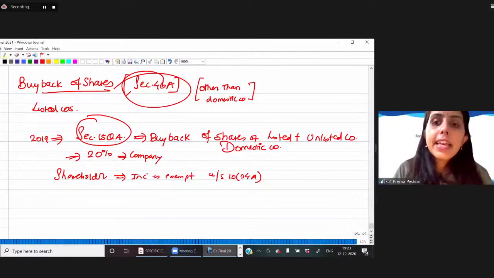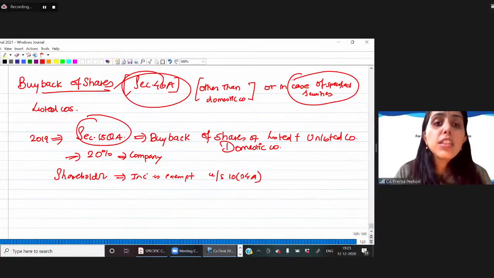Or in case of specified securities of any company, whether listed or unlisted. If it's a case of specified securities, then 46A will apply and not 115QA. What are specified securities?